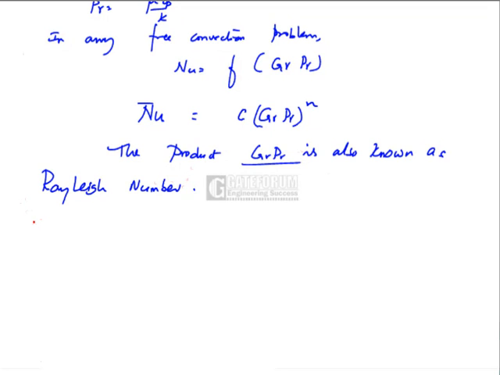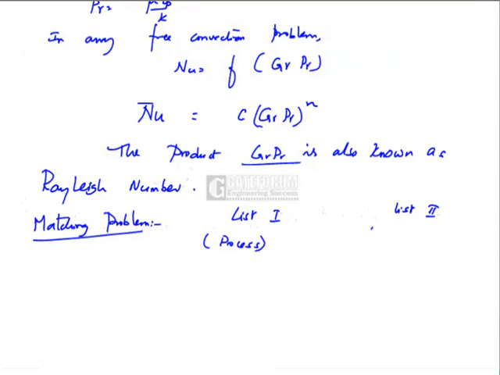Now I shall do a small matching problem regarding dimensionless numbers. List 1, this is list 2, this is process, this is predominant parameter associated in process.